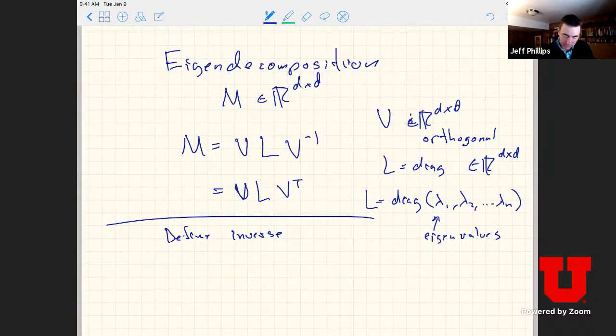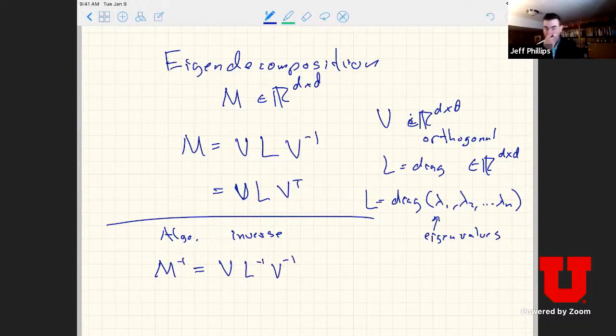So I should say, instead of define, I'm going to say an algorithm for the inverse of, again, a square matrix. If it's a positive definite or positive semi-definite matrix, then the inverse is going to be V L inverse V inverse as well.